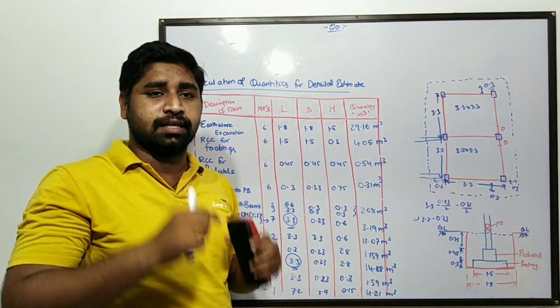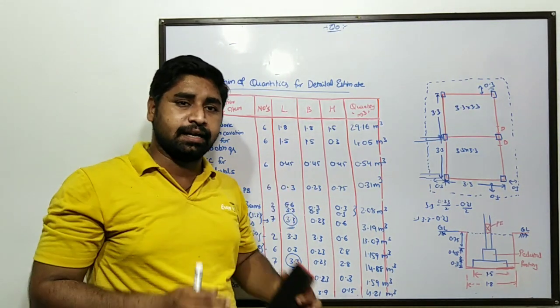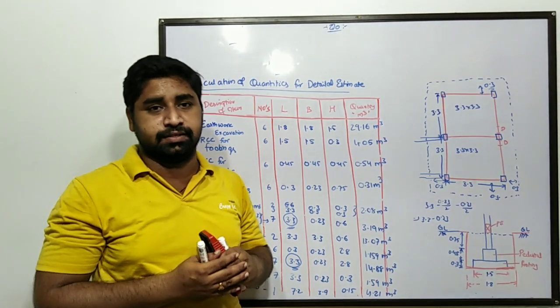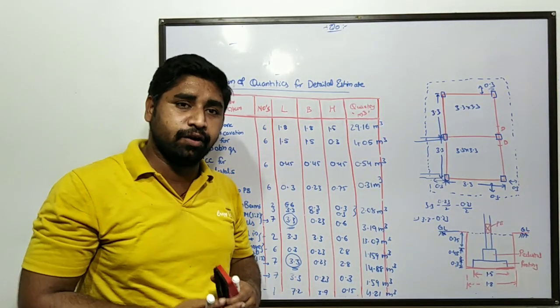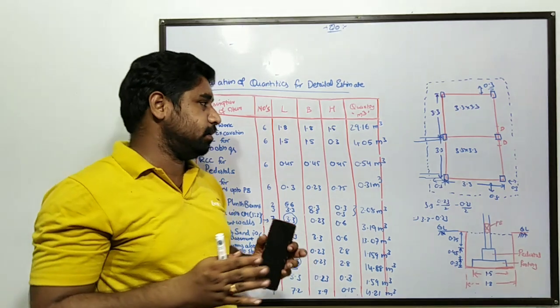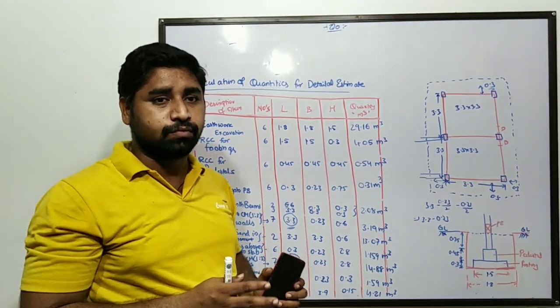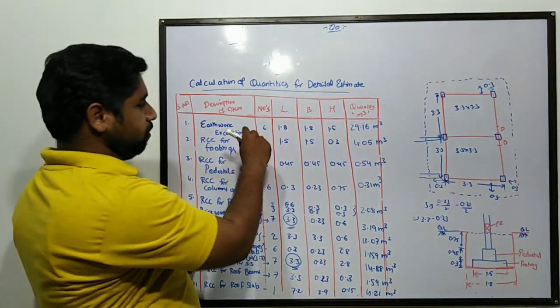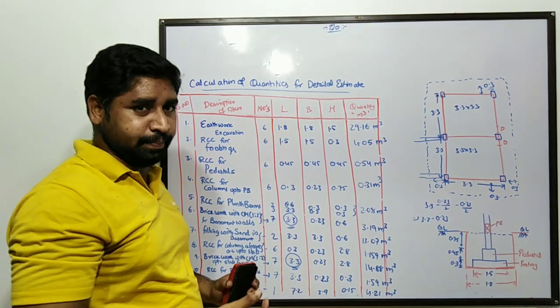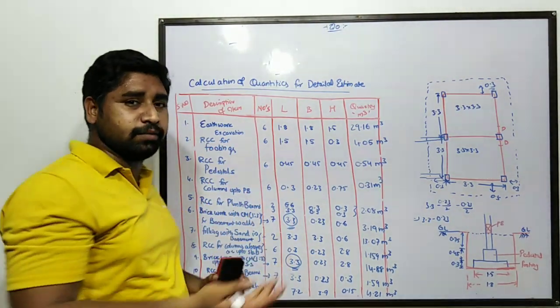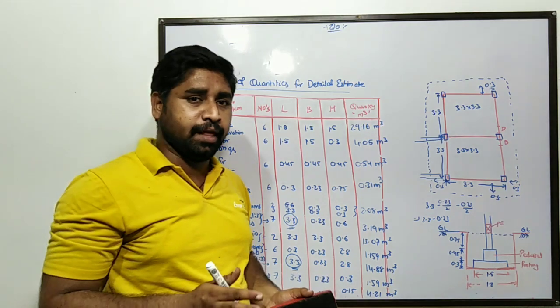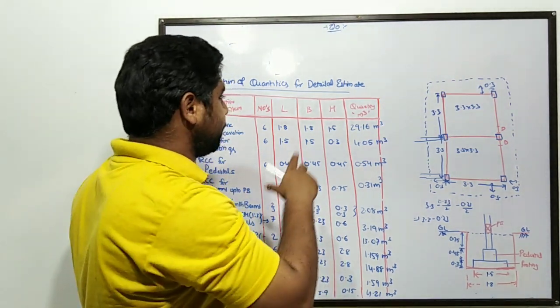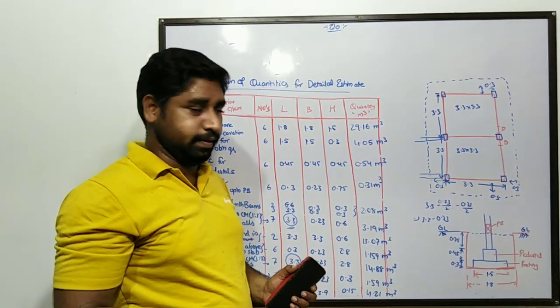So in this video, how to calculate quantities, that we have discussed here in this video. In the coming video we are going to discuss rate calculation. So for one item of work, how we are going to calculate the rate. Similarly, for one or two items we will see how to calculate rate, and then we will go on to prepare the abstract estimate.